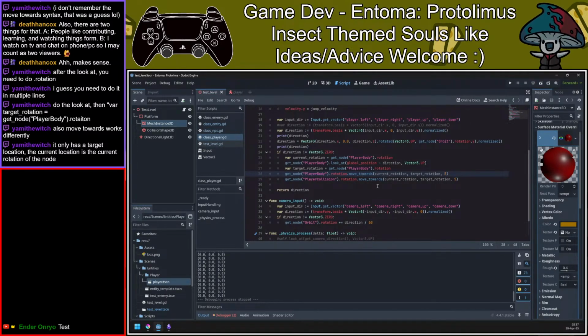Did they change how move towards works? Because previously move towards was just a standalone function that moved a value to another value by a certain amount. And this doesn't seem to have any documentation built in, so it won't even tell me what I'm doing wrong.